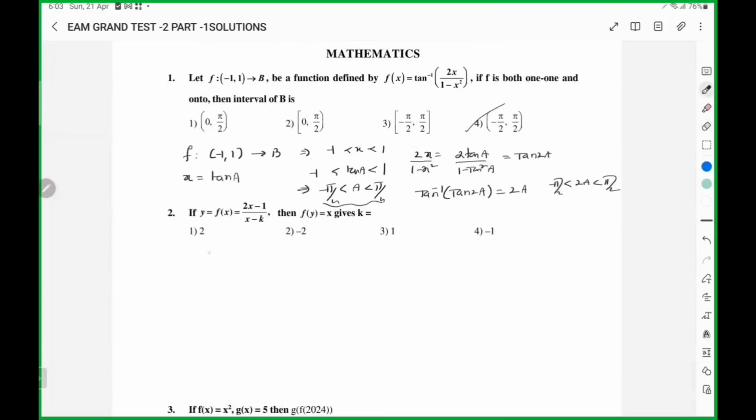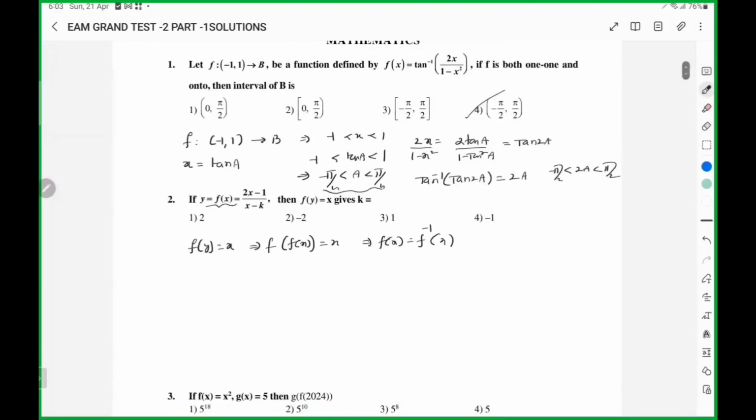Here it is. f of y is x. y here is nothing but defined as f of x. So f of x is f inverse x, which means it is self-inverse.